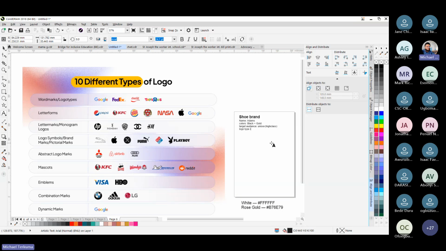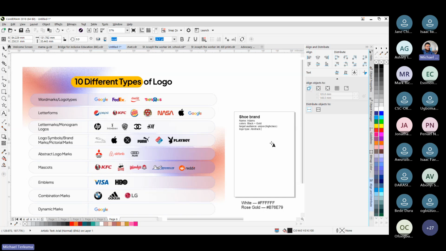So the type is abstract, a letter mark. Pardon? The letter mark should be the logo.